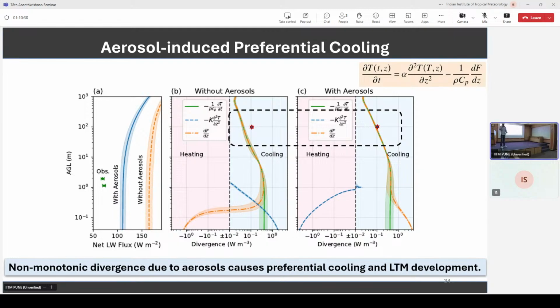In the numerical simulation, after 3 hours, suddenly we put a certain vertical profile of fog, and we see that depending upon where we put the fog, the LTM intensity changes. If we force the fog very near the ground, the droplets participate in the radiation very near the ground, and the LTM intensity grows. But when we put it at around 90 meters and above, they cut off the radiative balance and the LTM disappears.